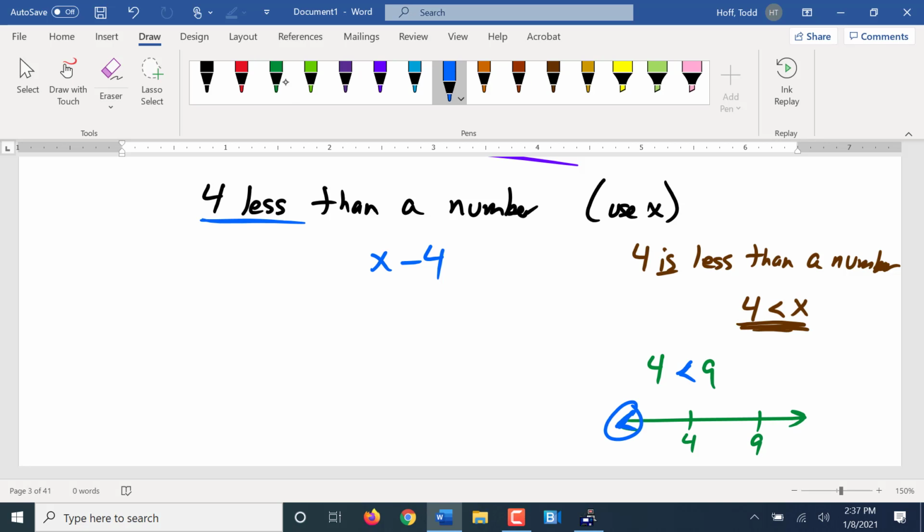What are some other phrases that would indicate x minus 4? I'll give you the obvious one.